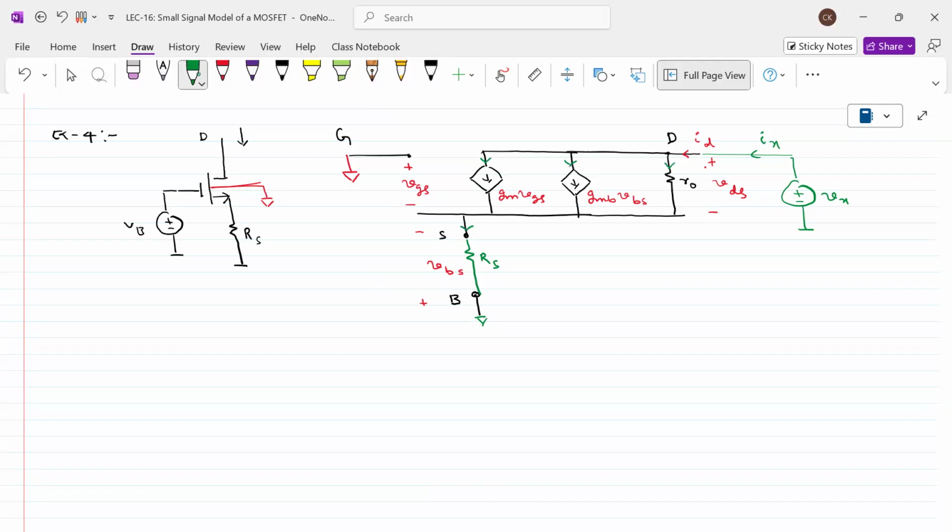Can we say this is Ix? Because that is the path. The current is coming from here, and it will be distributed at this point. They all mix together and come out. So what is the VGS here now? Look at the input side. What can you see at the input side?